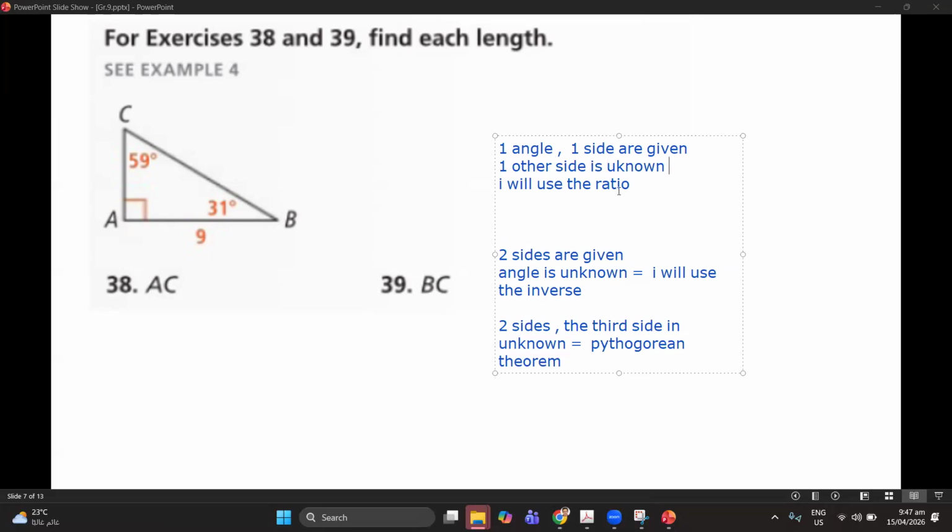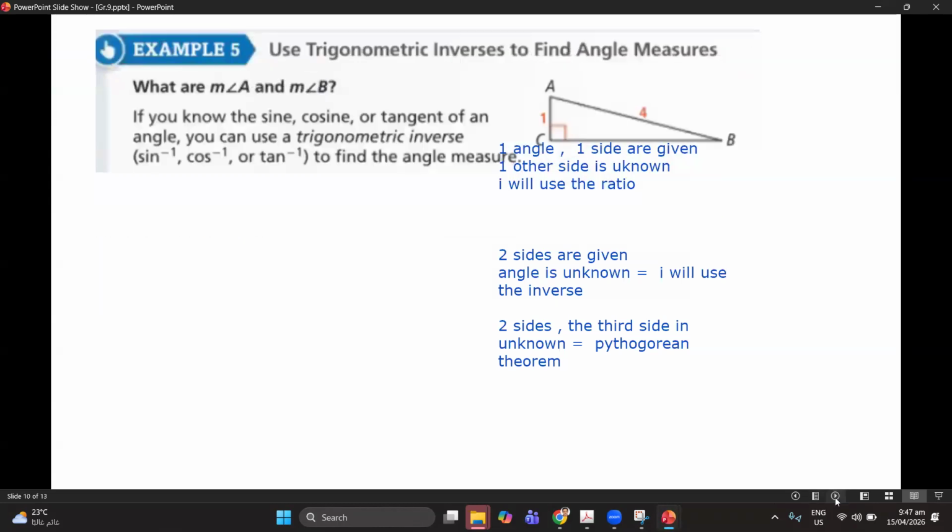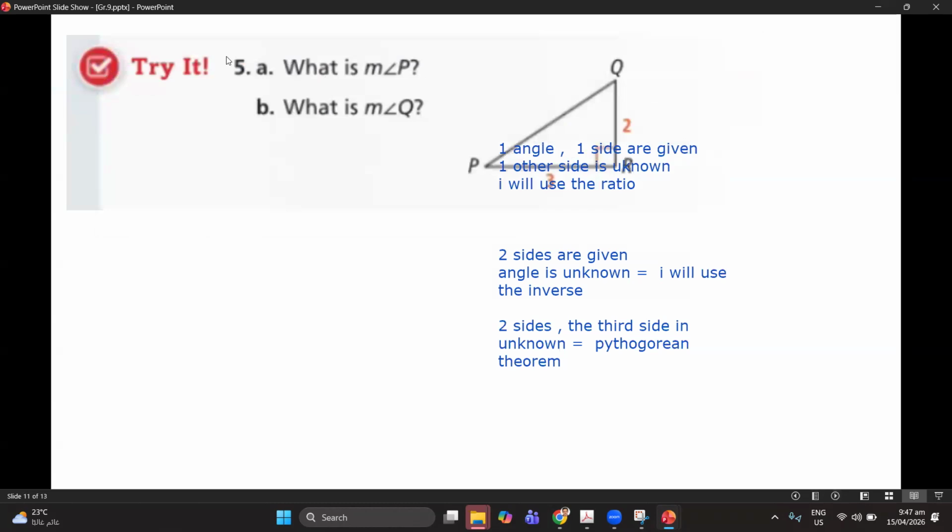But if I give you two sides and I ask you to find the unknown angle, you're going to use the inverse. With the last one, as we did in the previous lesson, if I have two sides and I ask you to find the third one, I will use the Pythagorean theorem. Okay. Let's try it now.